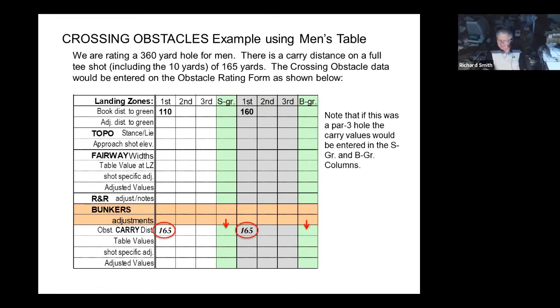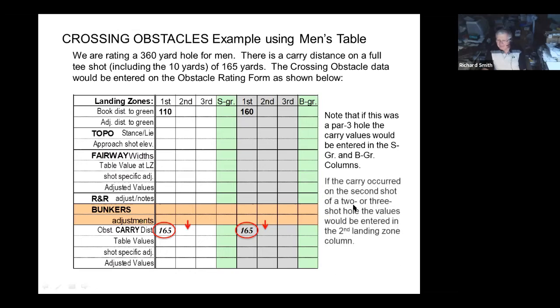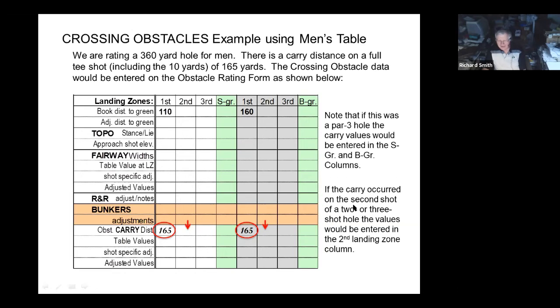Now, if we were talking about the carry on a par 3 hole between the tee and the green, we'd be putting those values in here and here because they would essentially be the approach shots to the green. If our carry occurred not on the tee shot, but on a full second shot on a longer hole, we'd put them here. So wherever that shot is ending up is where we put the values.